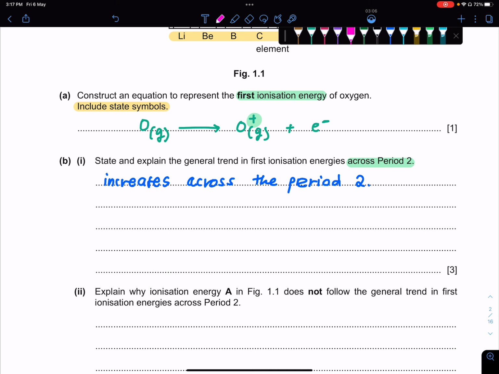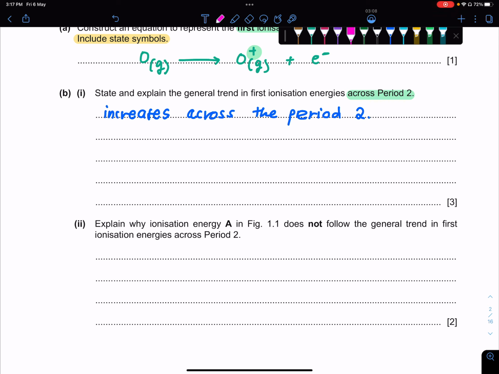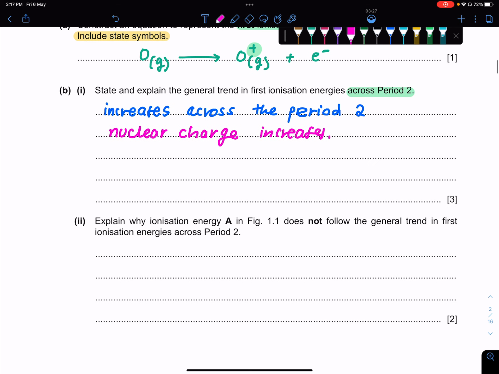I won't be writing everything like I'm a student. I will just write the key concepts and you can write your answers from there. The main thing you have to write is that the nuclear charge increases across the period. Nuclear charge increases, and we all know that the distance between the nucleus and outer electrons remains reasonably constant.